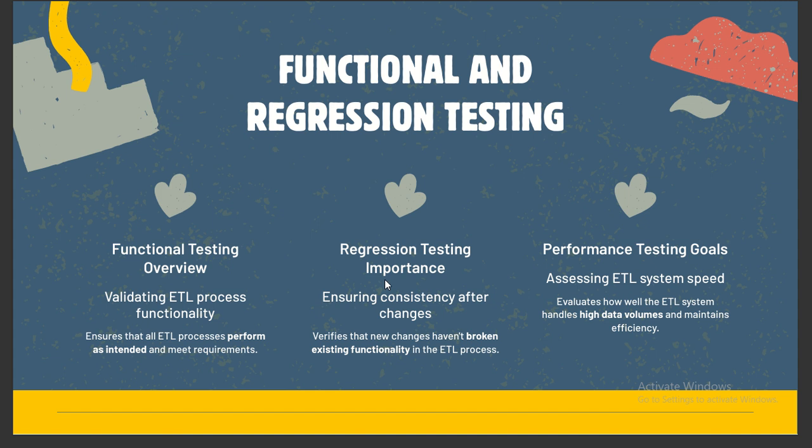Next, coming to regression testing. This verifies the new changes to the ETL process haven't broken any existing functionality. This regression testing will be performed whenever any new transformations are applied over an existing table transformation.